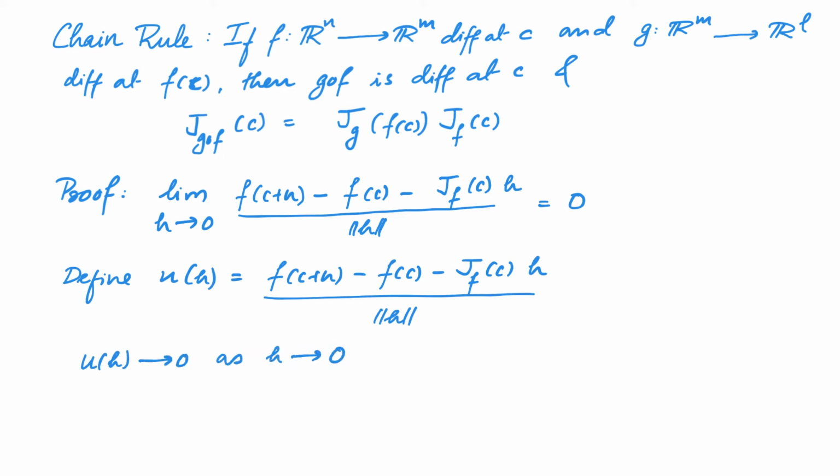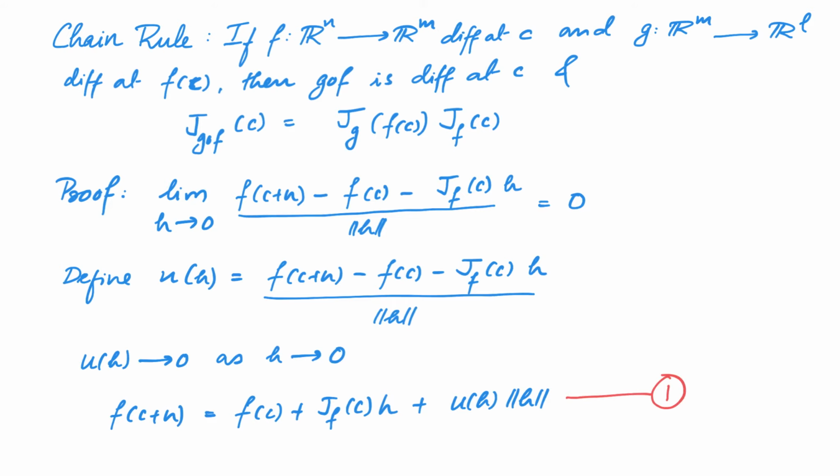Moreover, we can express f of C plus h as f of C plus Jacobian of f at C into h plus u of h into norm h, where u of h tends to 0 as h tends to 0. Let us mark or number this equation as equation 1.